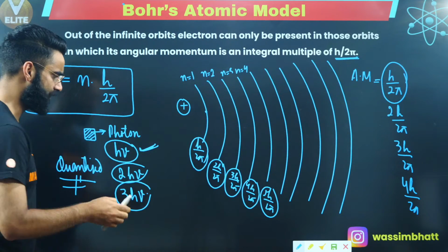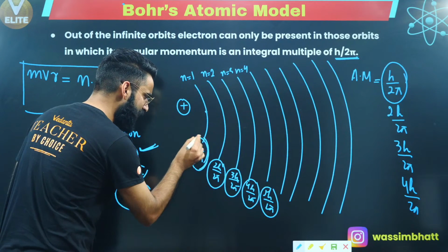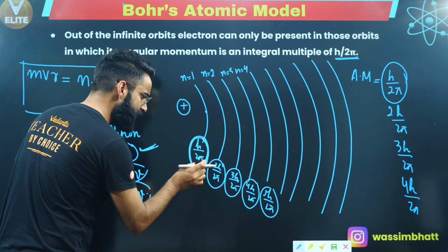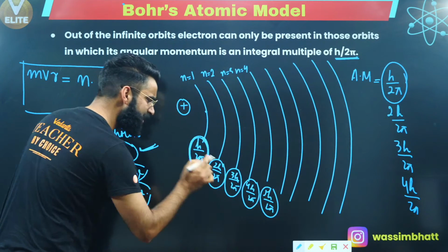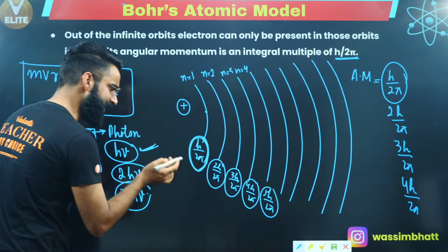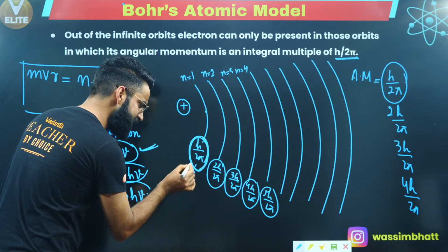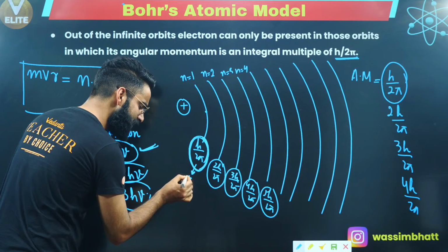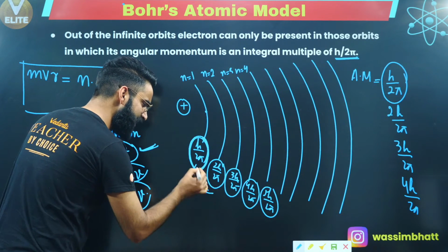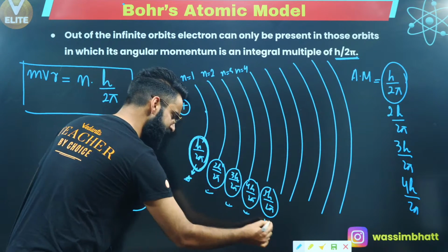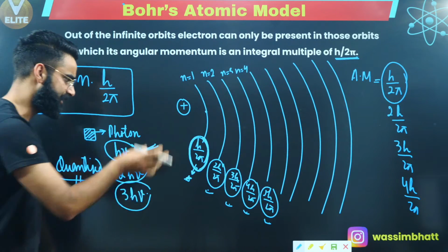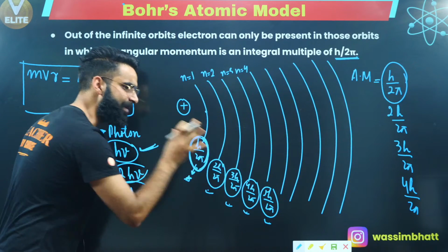Now we will understand: this is the smallest value of angular momentum, h upon 2 pi. Then comes 2h upon 2 pi, 3h upon 2 pi, again integral multiples of h upon 2 pi. So if I call this the basic unit of angular momentum, then everything is an integral multiple of it. Can I say the angular momentum again is remaining quantized?